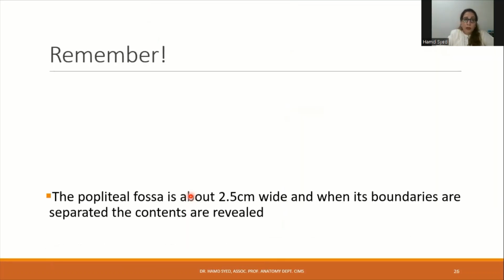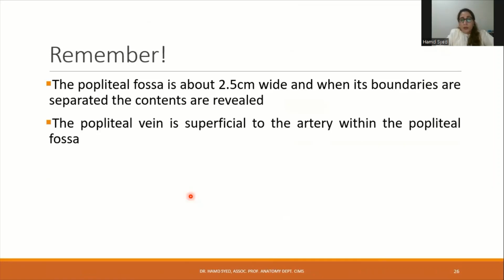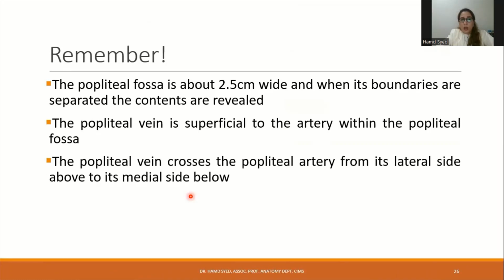Now, remember that the popliteal fossa is about 2.5 centimeters wide, and only when its boundaries are separated are its contents revealed. The popliteal vein is superficial to the artery within the popliteal fossa. Another important relation to remember is that the popliteal vein crosses the popliteal artery from its lateral side above to its medial side below.